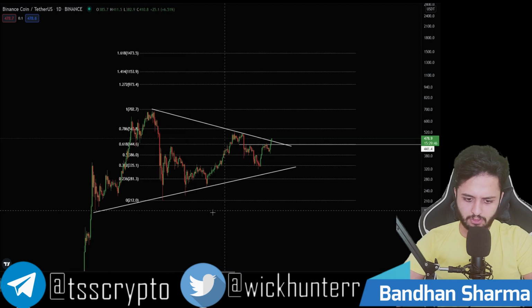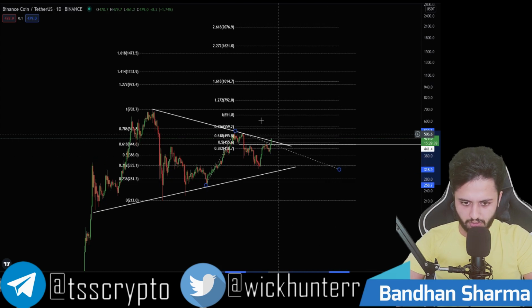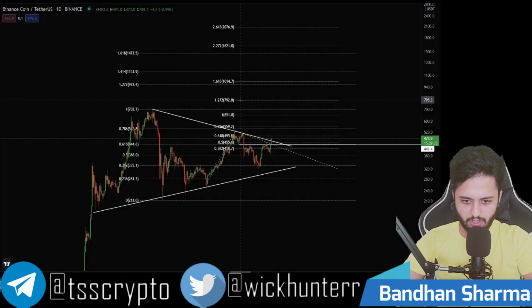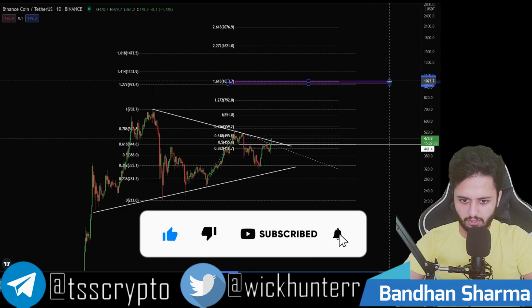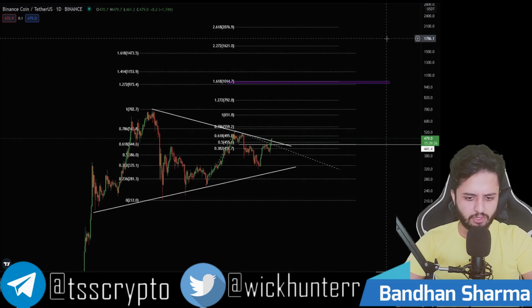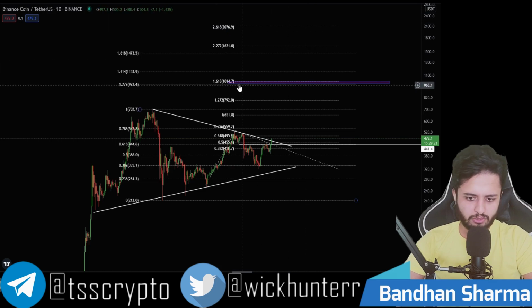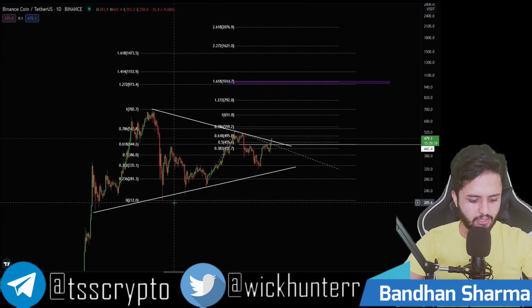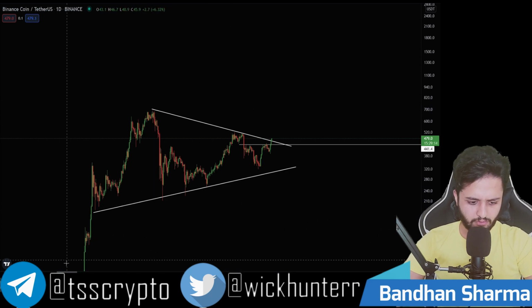Even if we take the fib extension from the recent retracement and the upside leg, we get this area as a good confluence. So here we can book 25 to 30% profit. $1,000 is the first target.